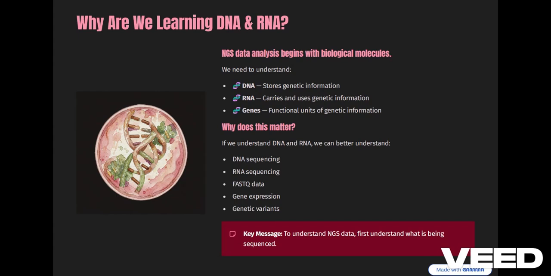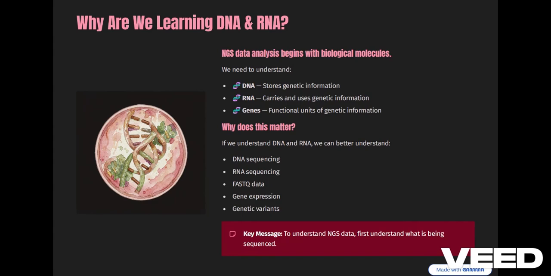Now you may ask, why are we learning DNA and RNA in an NGS bioinformatics course? The answer is very simple. NGS data analysis begins with biological molecules. If we perform DNA sequencing, we are studying DNA. If we perform RNA sequencing, we are studying RNA.